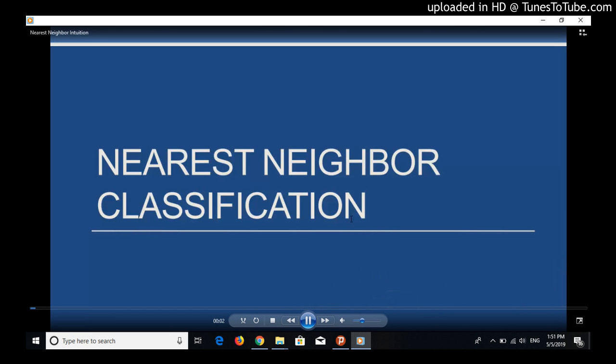Then we use the class labels of the neighbors to predict the class label for this unknown record. In this case, it is going to be a plus label, right? We have only two labels, plus and minus. Here the k value is 3. We are looking at the 3 nearest neighbors, and all 3 have the same label, so this point is going to have the same label as these neighbors.